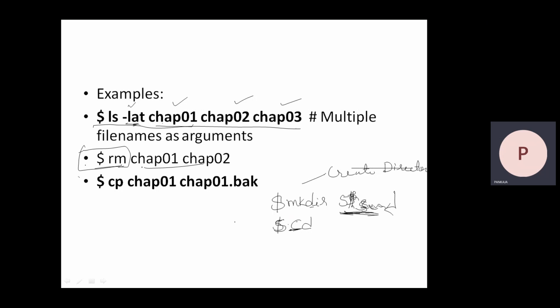Now in that directory I want to create a file. I have created the directory, which is nothing but my folder. Now I want to change to this directory if I want to store the files. Just specify CD, which stands for change directory.